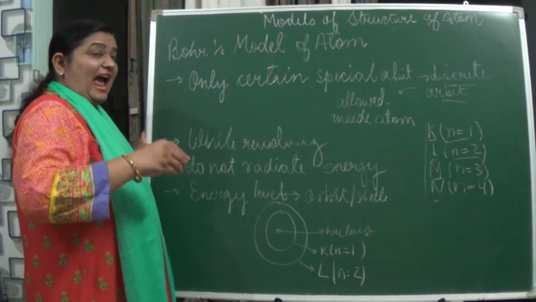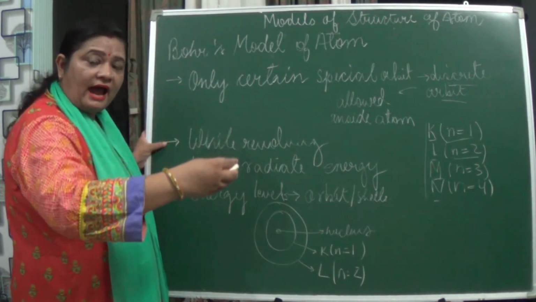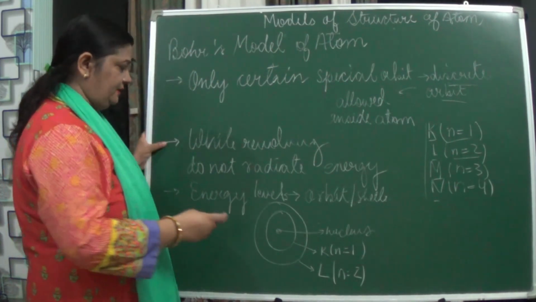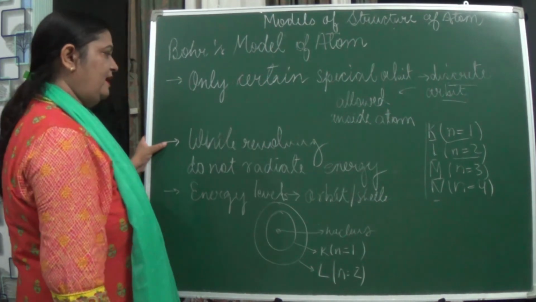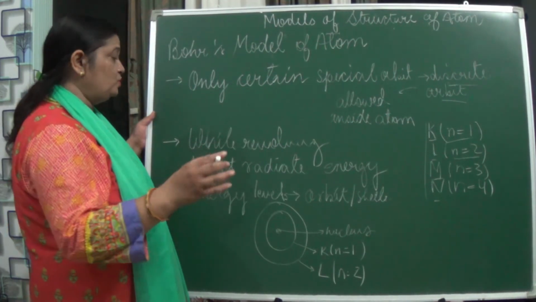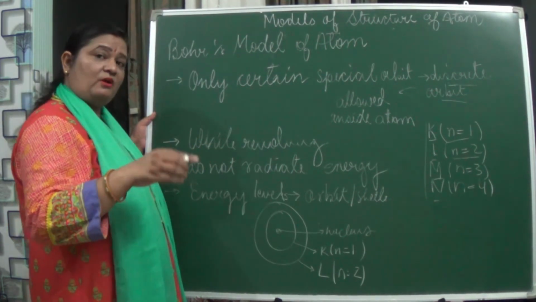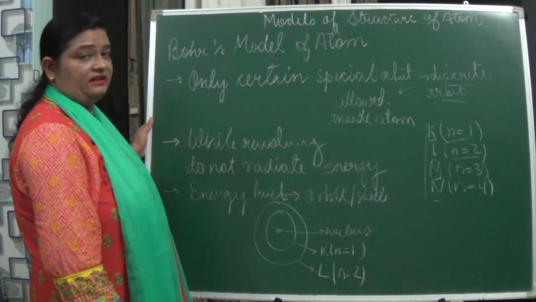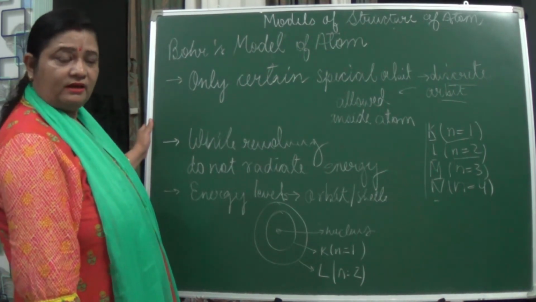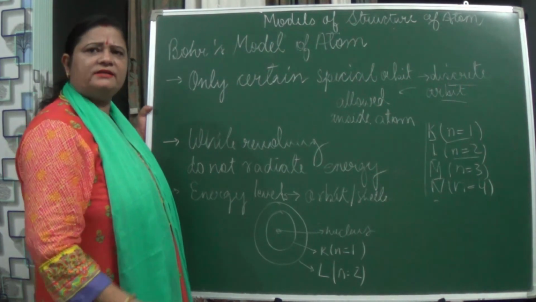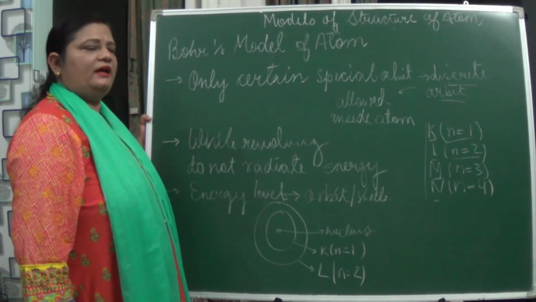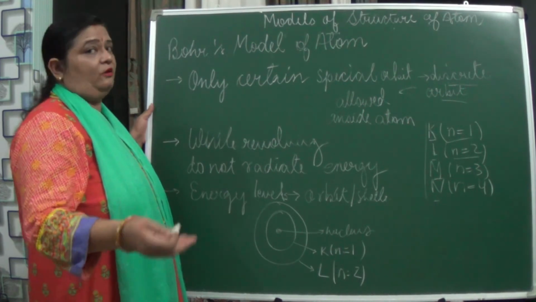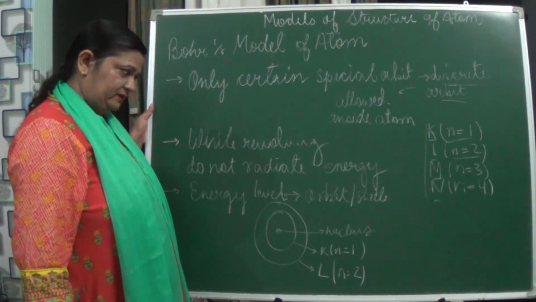So, as these orbits have a definite energy, naturally the electrons which are revolving around it will not radiate energy. And if they will not radiate energy, they are moving with the energy of the orbit only, naturally they will not lose energy and not fall into the nucleus.